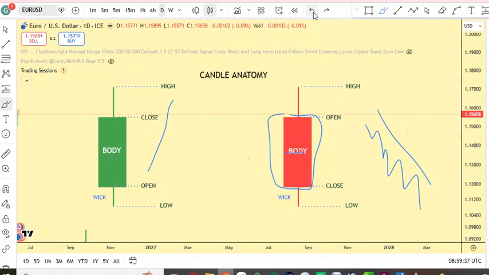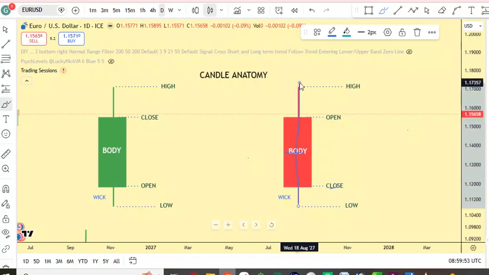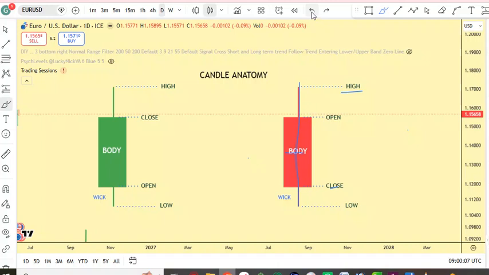The wick that passes through it is like the thread that passes through a traditional candle. In trading, this straight line is called the wick. The top of the wick is called the high, and below the wick is called the low. So this is basically the anatomy of a candle.